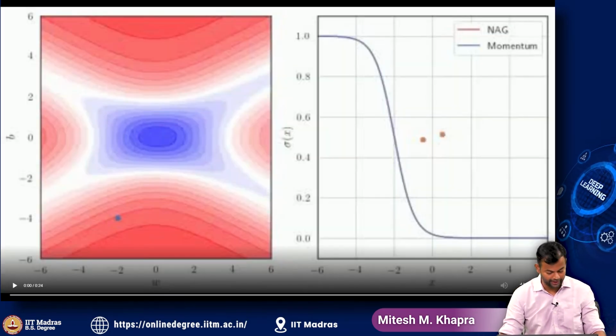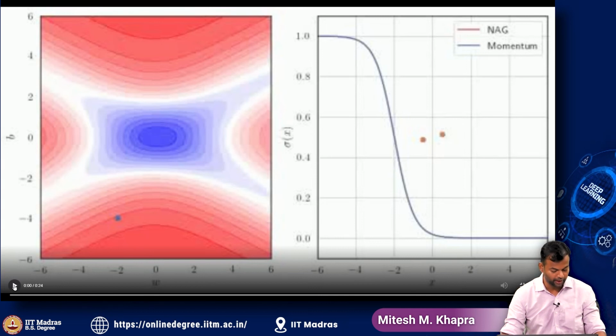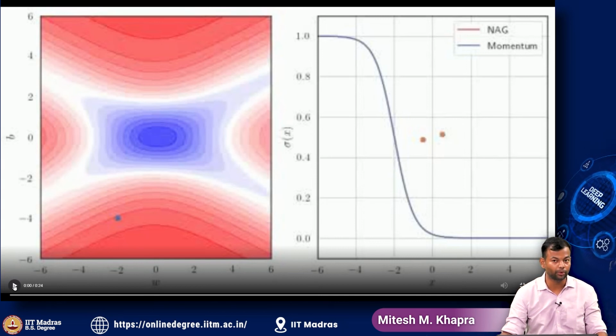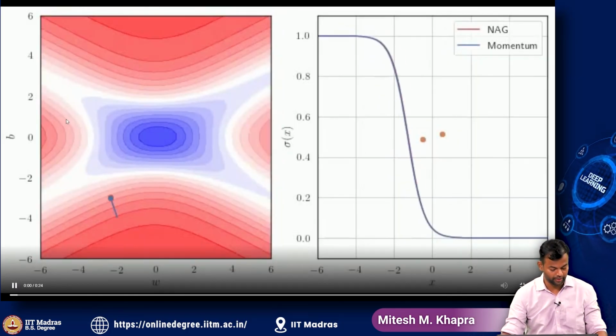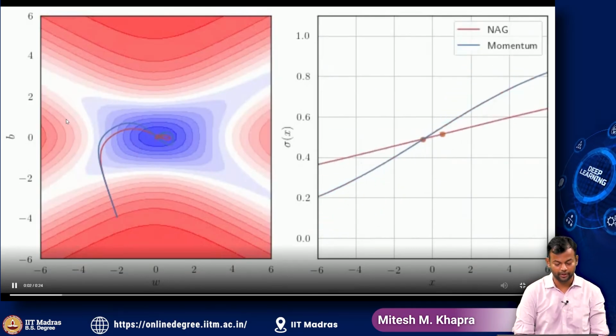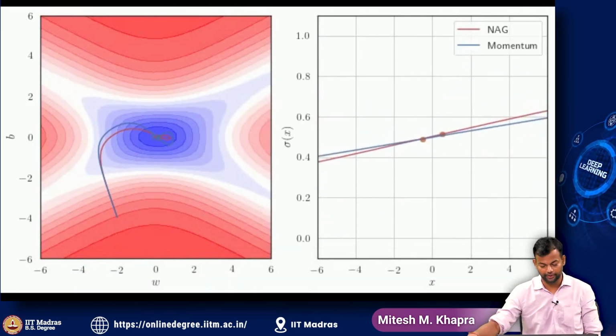Okay, so now let's see how things go, right? So on this graph, I'm going to run both momentum based gradient descent and Nesterov accelerated gradient descent, and you can already see the difference, right?